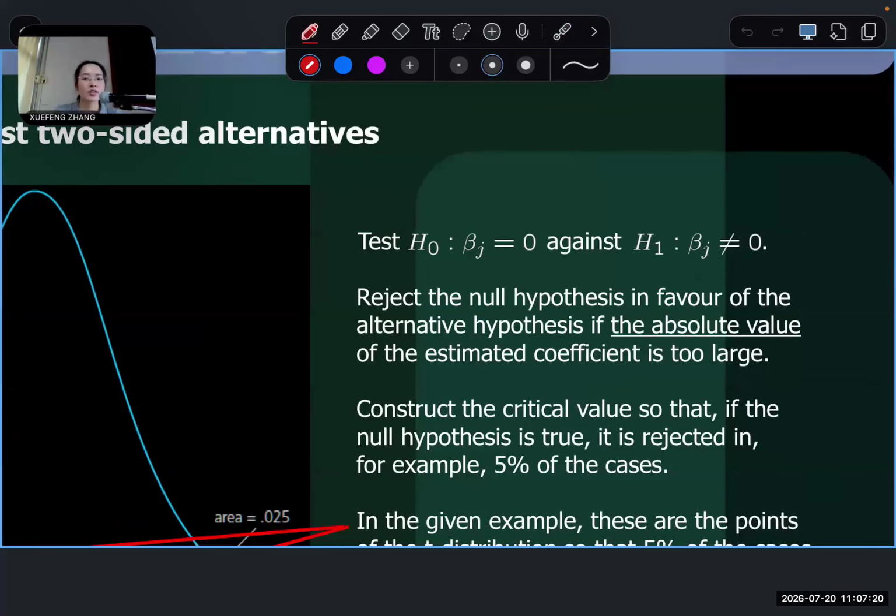There's no direction assumed. We just want to know, does x j matter at all, positively or negatively?